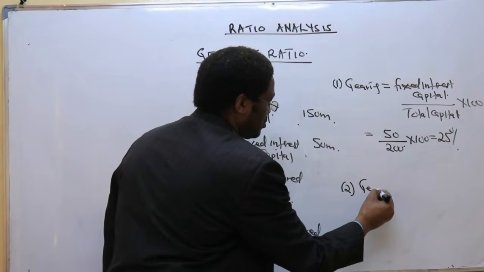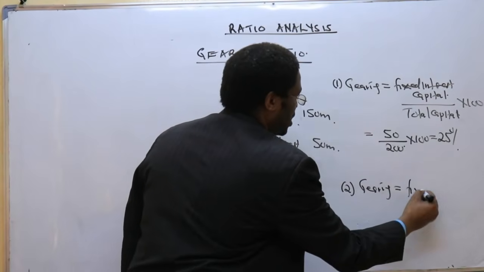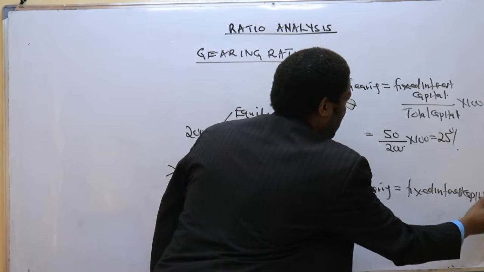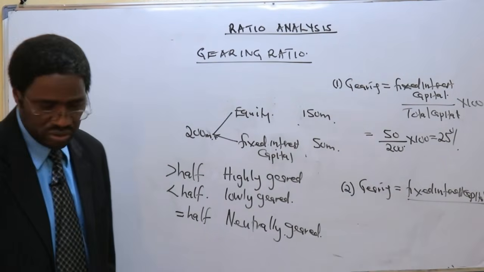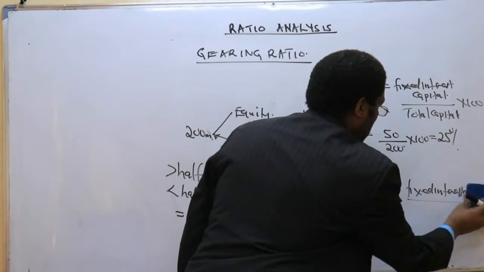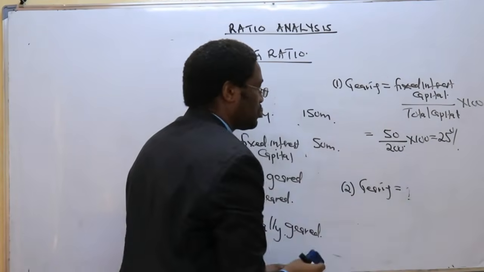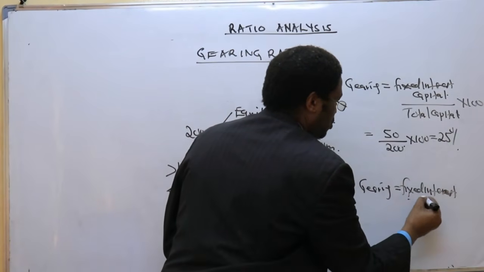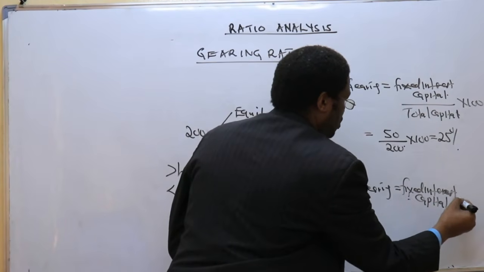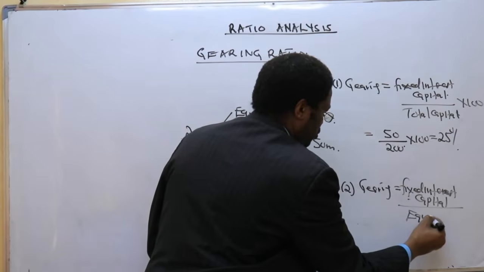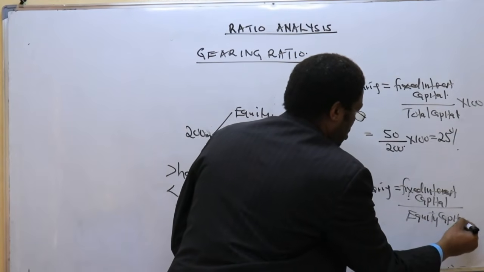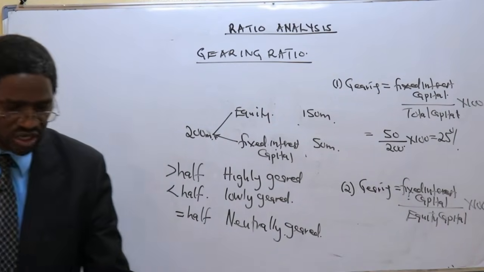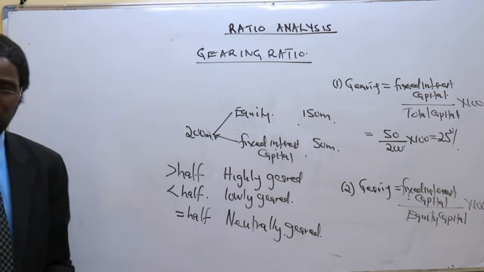Gearing is equal to fixed interest capital, you divide that by what we call equity capital, again times 100. That's another formula you can use to calculate the level of gearing.